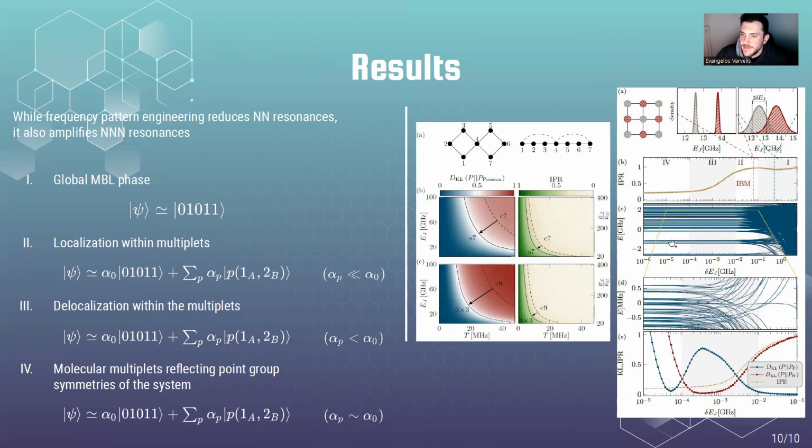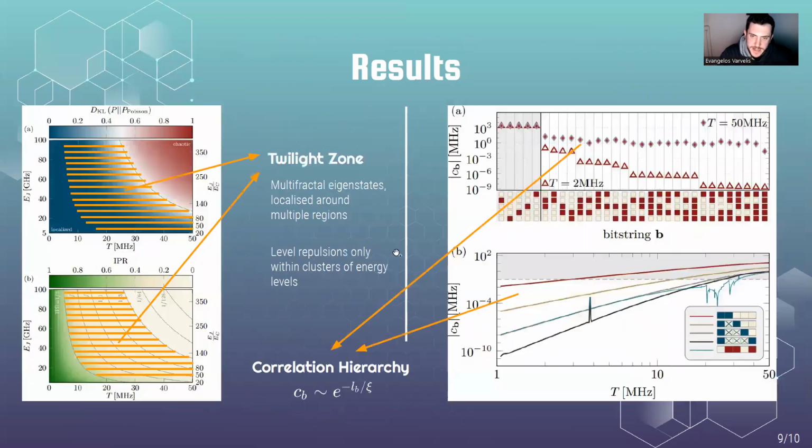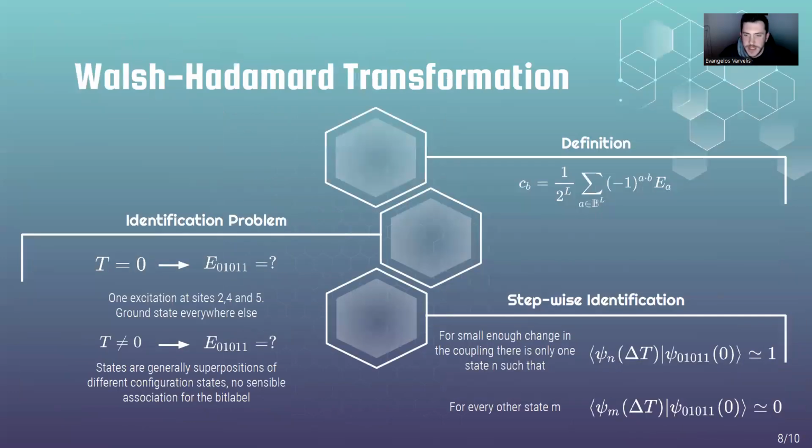You still don't want these degeneracies, because remember this concept here: you have to be able to track your state. In the scheme of quantum computation, I have some state which I have to denote by some bit string, so I have to be able to assign an identity to my states.